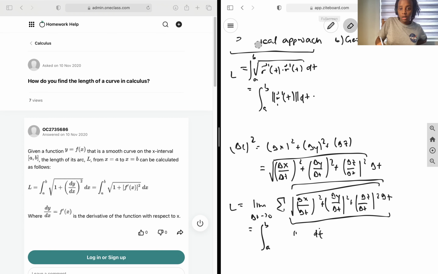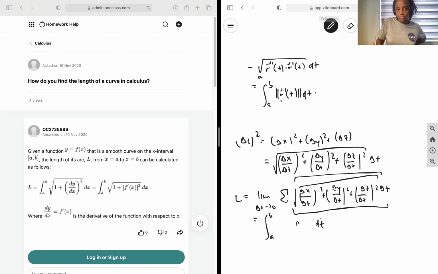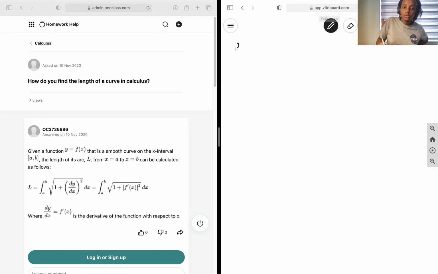And so our final answer becomes that in 2D, L is equal to the integral from a to b of root 1 plus the derivative of the function squared dx.